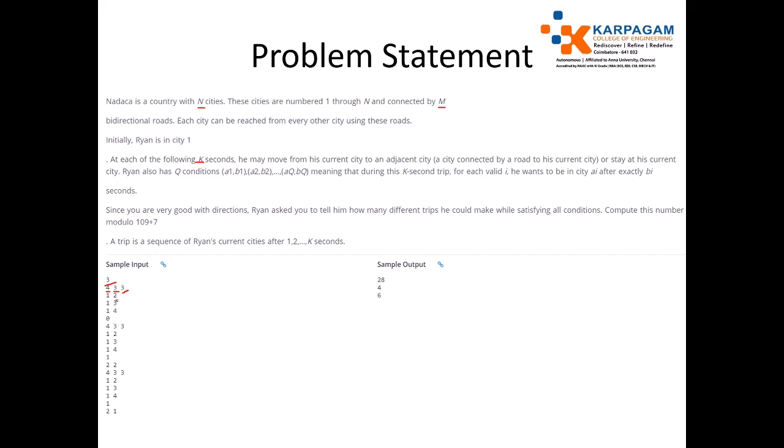One is connected with 2, one is connected with 3, and one is connected with 4. Now another case: one is connected with 2, one is connected with 3, and we have another node, the fourth node. One is connected with 4.